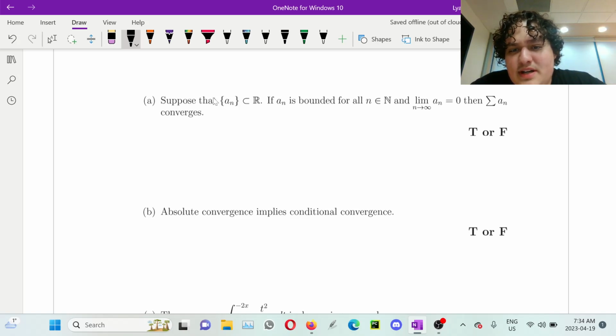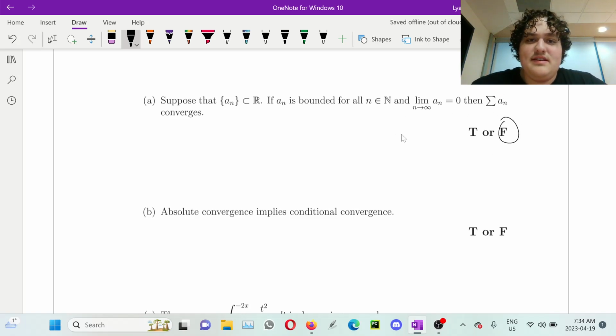But just because the general term approaches 0, it does not necessarily imply that the series converges. It might, because it satisfies the vanishing condition, but that's not enough to guarantee convergence.